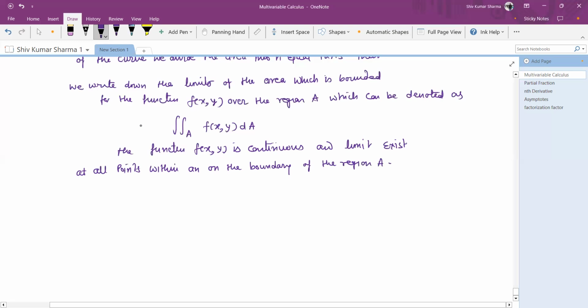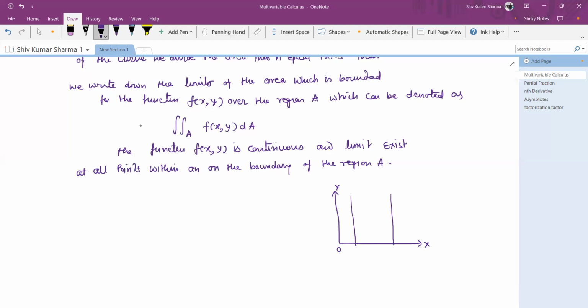So we have an xy plane. This is our x-axis, origin and y-axis. We can take any curve whose ordinates we take in this way. Here on the x-axis, x equal to a to x equal to b, and some ordinates are given for y, from y equal to a to y equal to b.